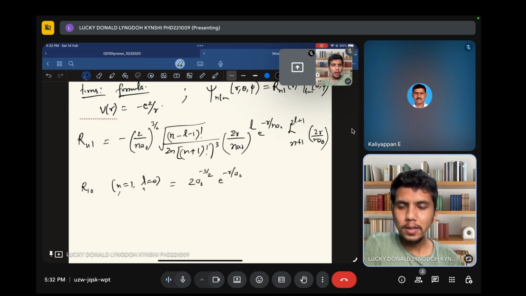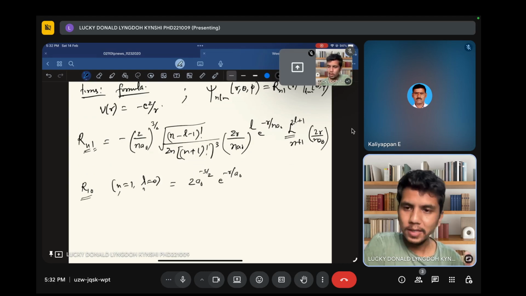How do I get this? I substitute n equal to 1, l equal to 0, and use a few properties of the Laguerre term. All of these equations and derivations are available in the textbook, and how we get R10 is also available there.